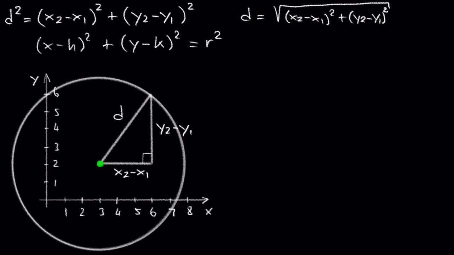Again, this is important. We call this formula the standard equation of a circle, where r is the radius of the circle and where the center of the circle has the coordinates h, k.